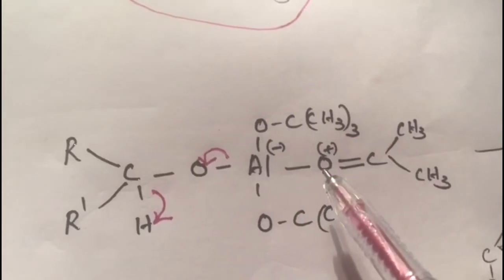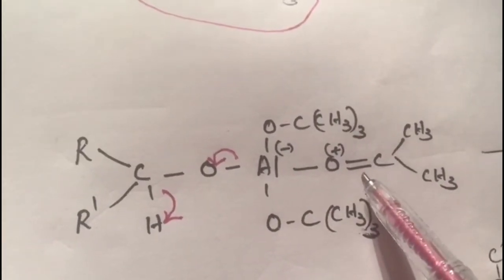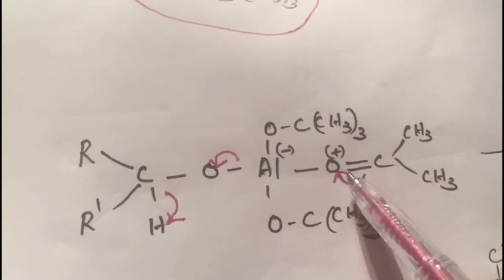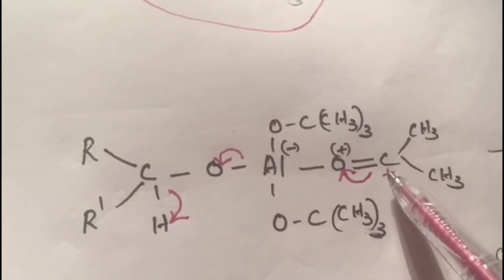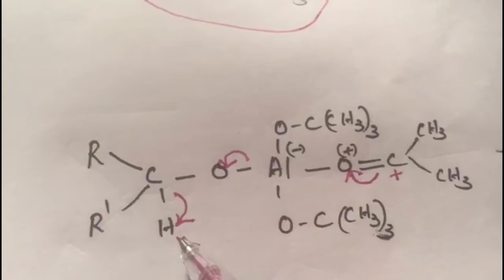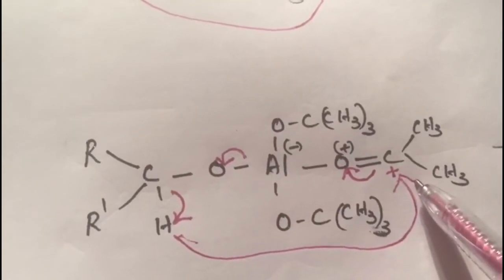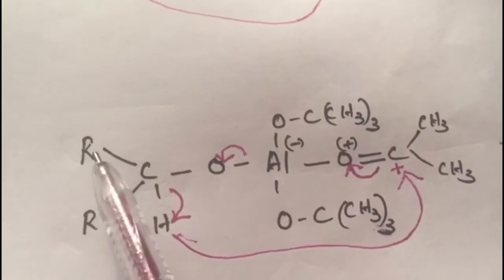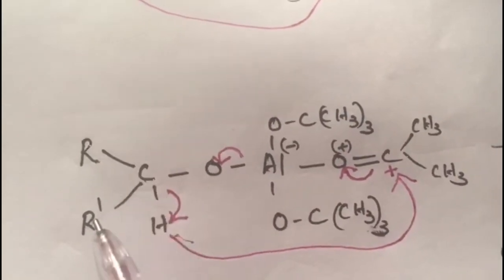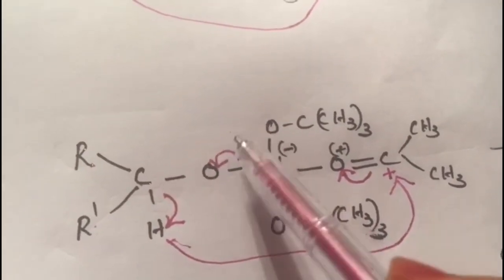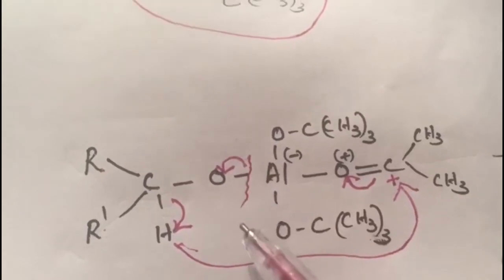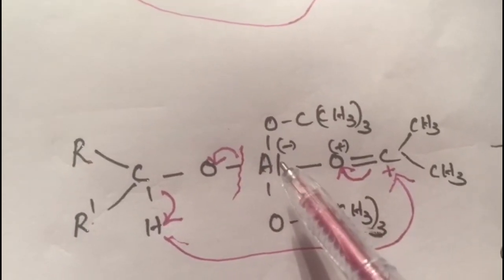Here oxygen is more electronegative, so the electrons will shift towards the oxygen atom. So this carbon will have positive charge and this H will be attached to this carbon atom. So one product is R-C-R' double bond O. Here this bond will be broken, and aluminium will be neutral now.